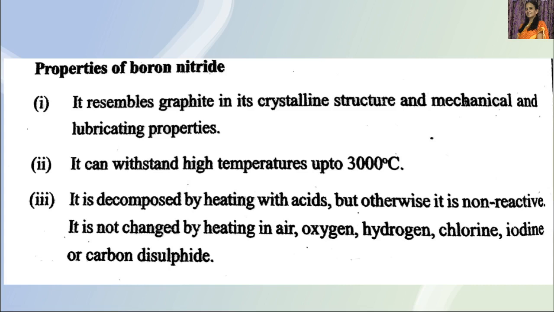It is decomposed by heat, and when heated with acids, it decomposes. Otherwise, it is less reactive or non-reactive, and it is not changed by heating in air, oxygen, hydrogen, chlorine, iodine or carbon disulfide. So it is more stable, we can say.